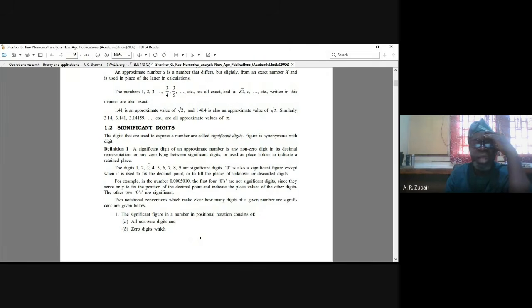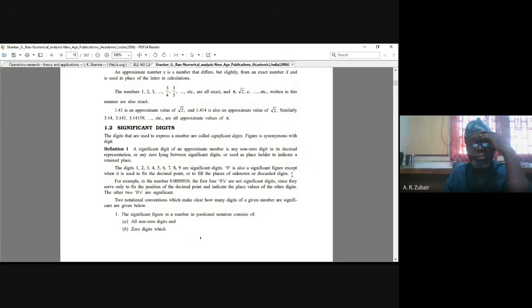So the digits 1, 2 up to 9 are significant. 0 is also a significant figure, except when it is used to fix the decimal point or to fill the places of unknown or discarded digits.